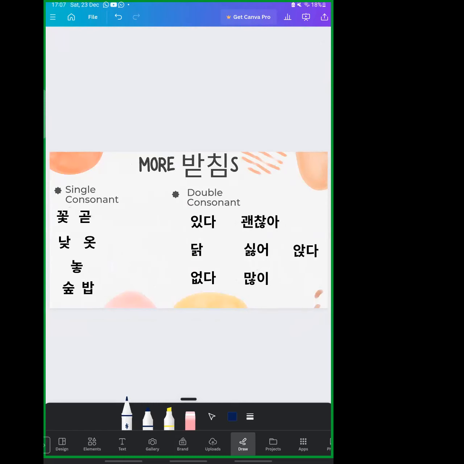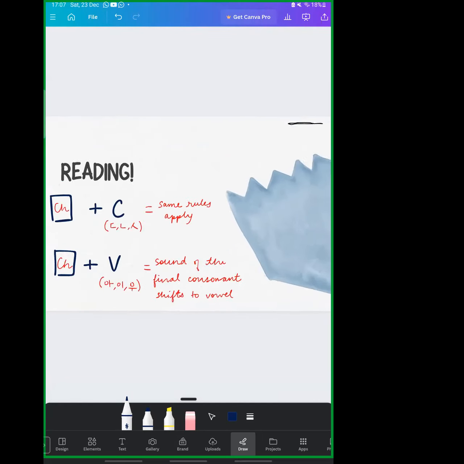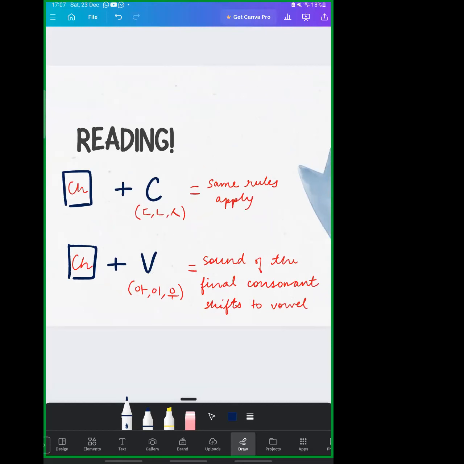Okay. So we read these few examples. Now I'm going to teach you how to read these double consonants. They don't always have the same pronunciation when we're reading them. So what is the rule for reading? For example, let's say we have this character here. What sound would this character make? Can anyone tell me?